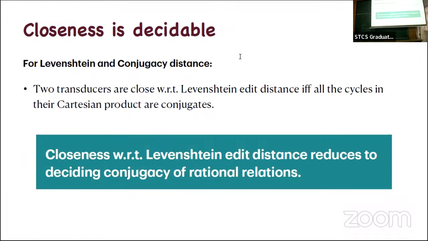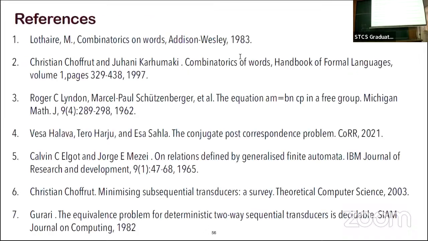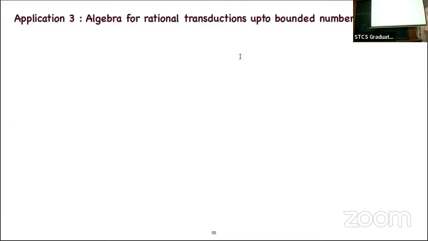You give me two functional transducers, I can compute this. That will be very useful because if I give you two spell checkers, I can ask how much they differ from Grammarly, if they are transducers. Okay, so this is also what we have in mind, which is similar.